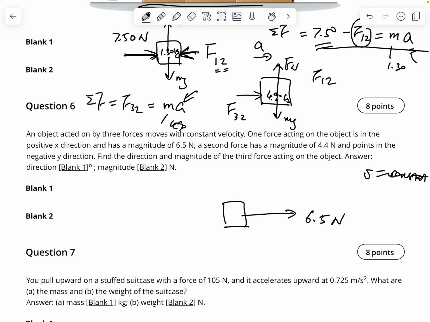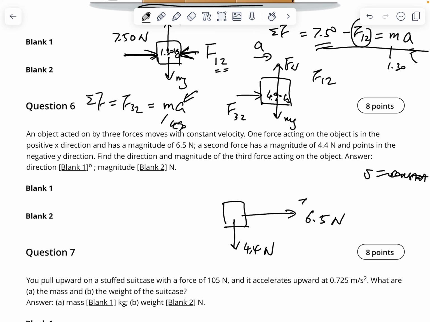The second force has a magnitude of 4.4 Newton and points in the negative y direction. Find the direction and magnitude of the third force acting on the object.